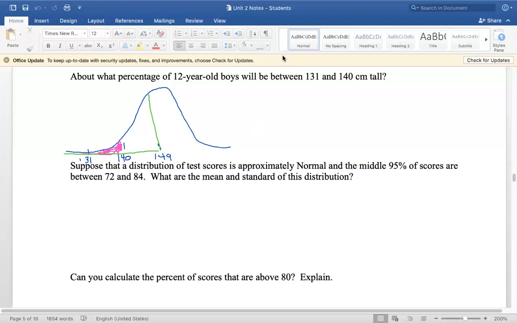Or you could do from 140 down to the end, this orange area, and then subtract away this part here in the blue, this very end piece right here. That's kind of what we're trying to do with this. Let me clear these.